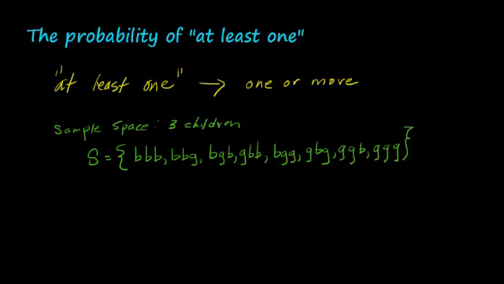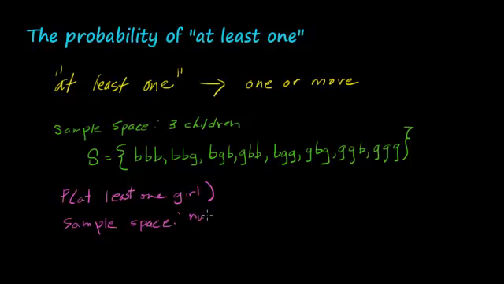Okay, so in this case, say that we want to determine the probability that there's at least 1 girl among 3 children. So let's look at the sample space for the number of girls.